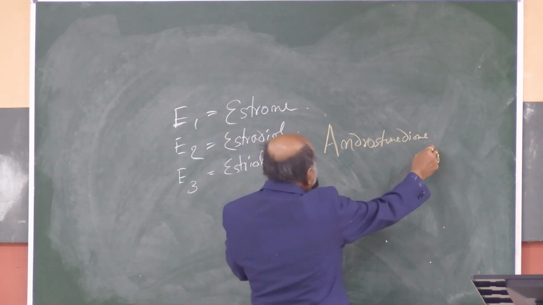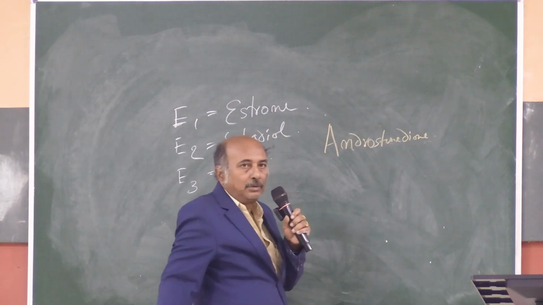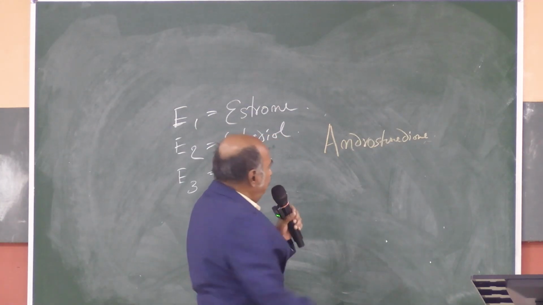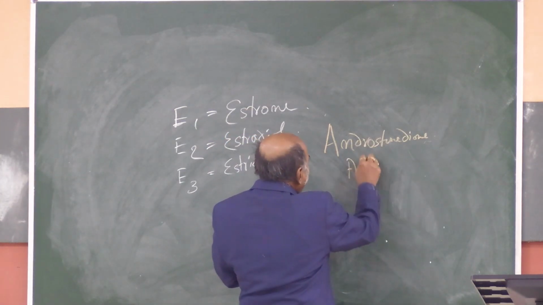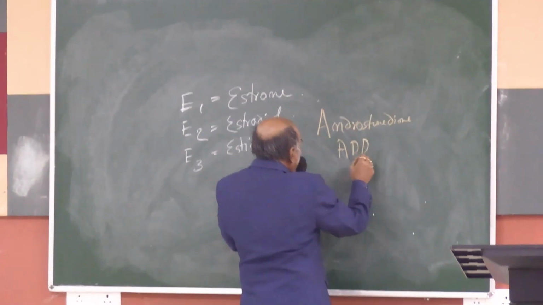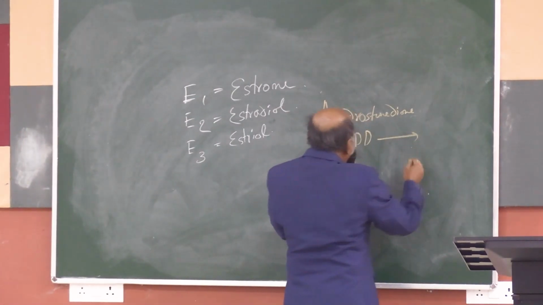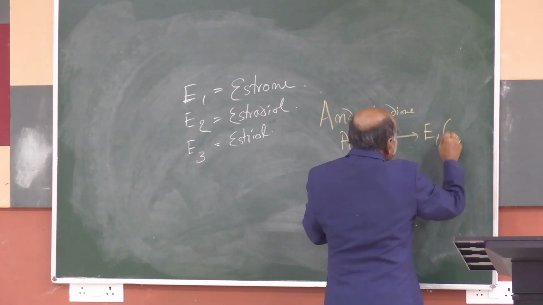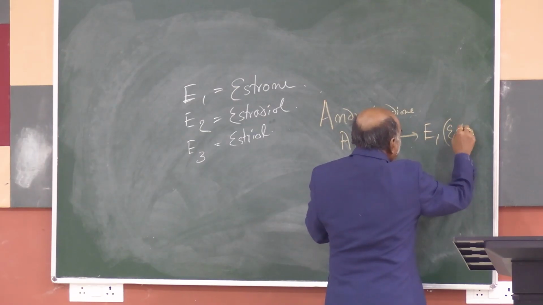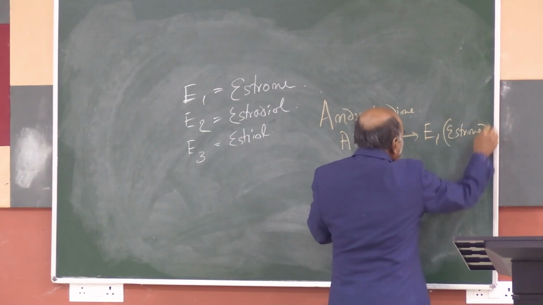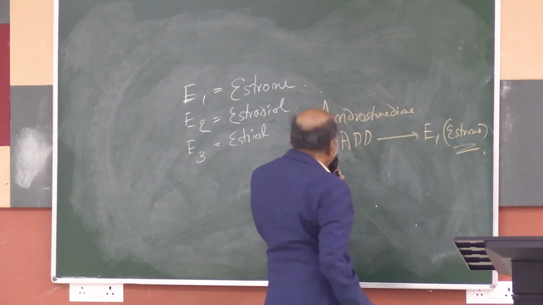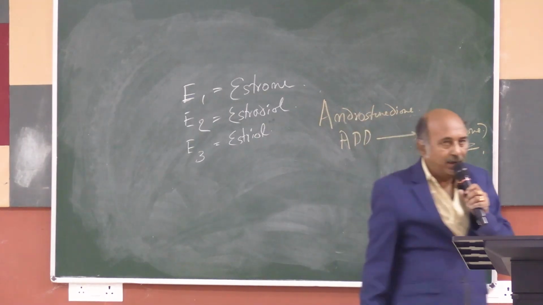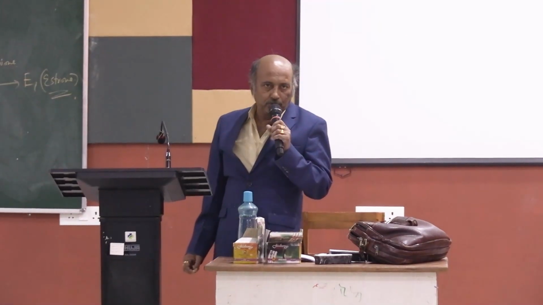This is androstenedione, an androgen, also called ADD. It gets converted into E1, that is estrone. So this peripheral conversion is the main way of production of estrone in menopausal women.